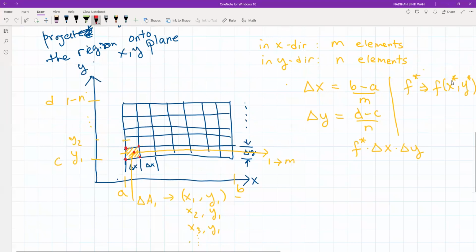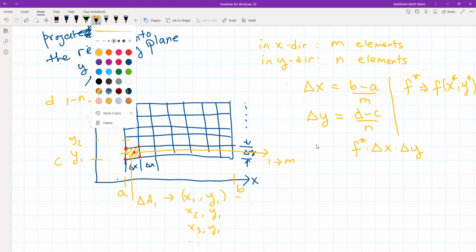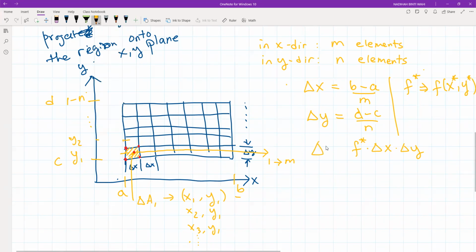So if you want to find the value for f star, you need to plug in the coordinate. So this is the delta V, one small box, one small rectangular area.